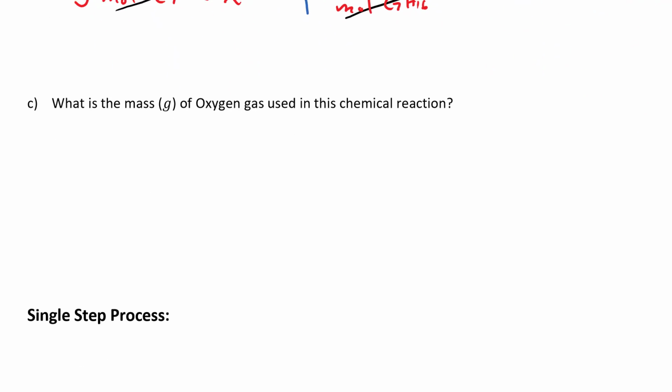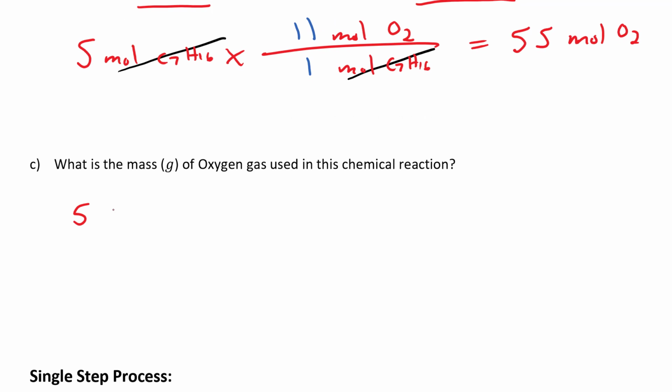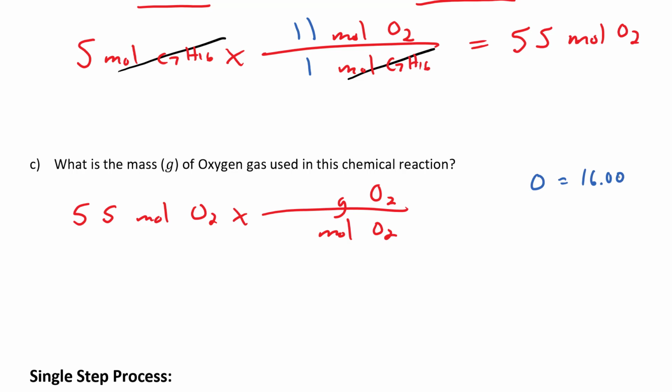Let's do that last step now. Going from 55 moles of oxygen, we want to go from moles of oxygen to grams of oxygen. For that, we'll use the molar mass. Oxygen has a molar mass of 16 grams per mole.